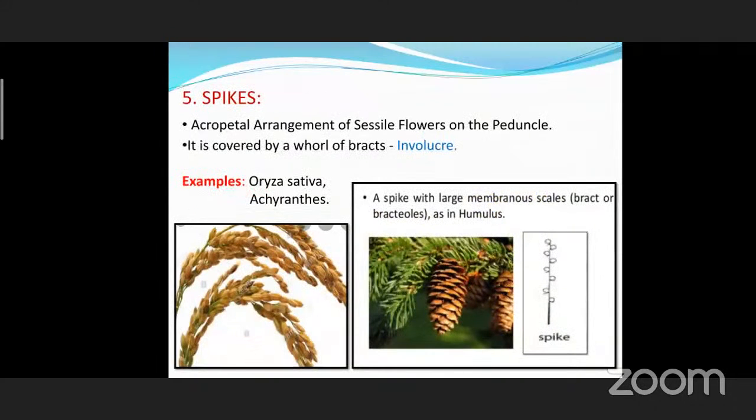And the fifth one, simple racemose inflorescence, that is spike type of inflorescence. In the spike type of inflorescence, there is an acropetal arrangement of sessile flowers on the peduncle. It is covered by a whorl of bracts that is known as involucre. So what do you mean by acropetal arrangement?